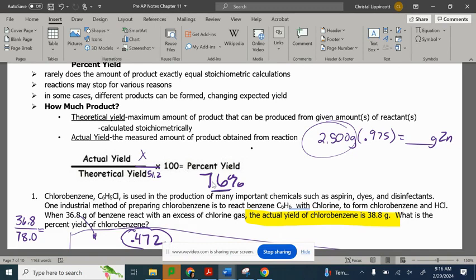If you have this and you have this, you should be able to calculate X. X over this, whatever value, 51.2, times 100 equals 76%. You should be able to solve for X. Divide by 100, divide by 100, and then multiply by 51.2.